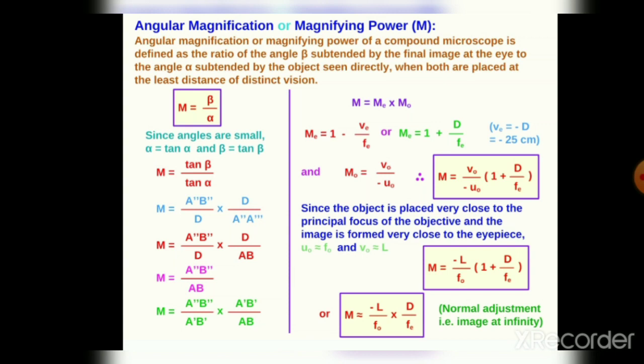Using these two equations, you can write m is equal to m0 into me. So m will be equal to L upon f0 into D upon fe, which gives the equation of magnification of a compound microscope, and it can also be derived in various ways.